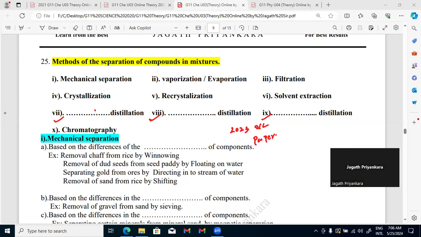Complete the blanks. One is called simple distillation. What is simple distillation? Second one is steam distillation.